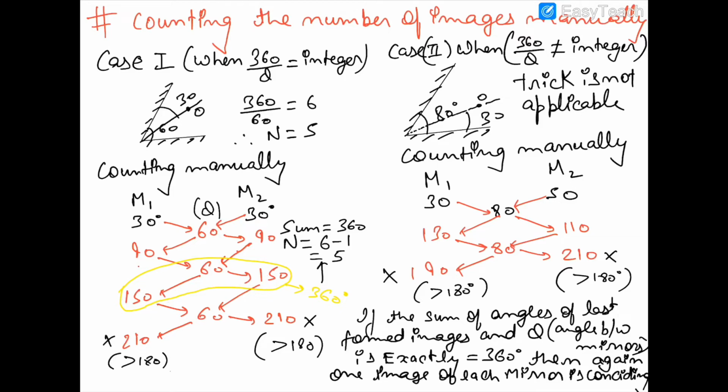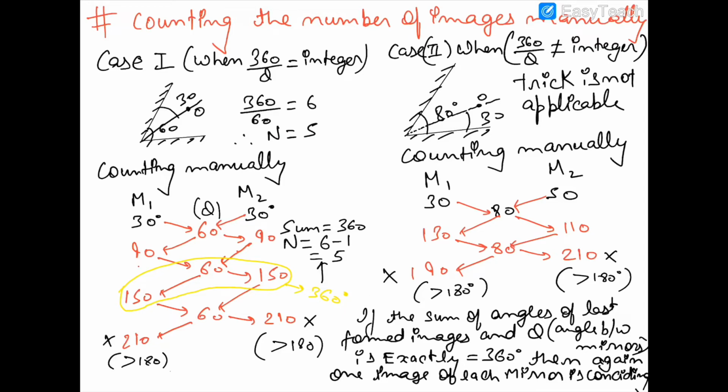So the total number of images will be 3 plus 3, that is 1, 2, 3, 1, 2, 3, minus 1. Minus 1 is due to the fact that we have counted a single image twice, so we have to subtract that twice-counted image. So in this case the number of images will be 5, which we have already derived.